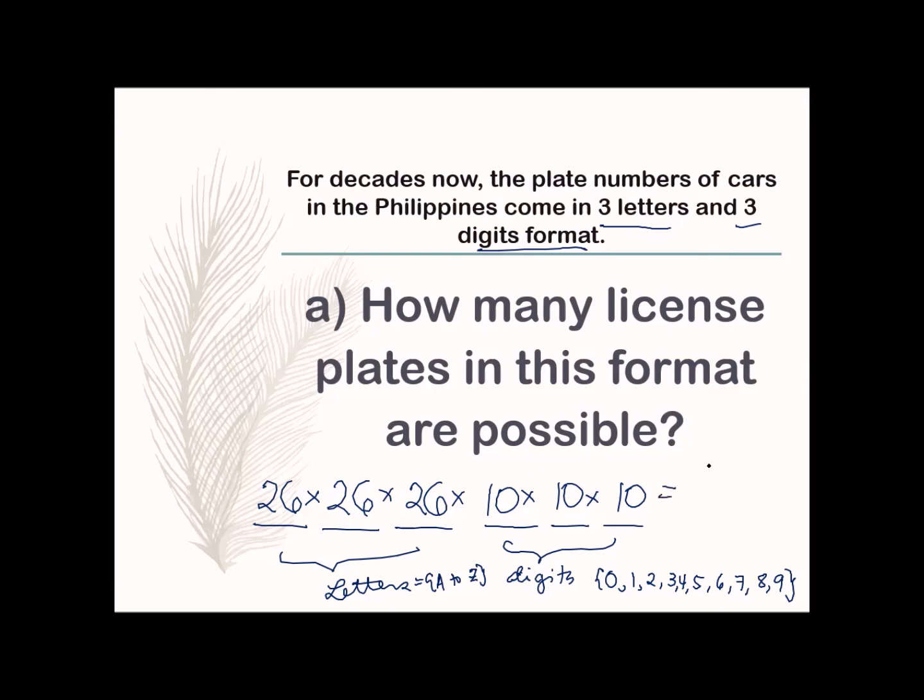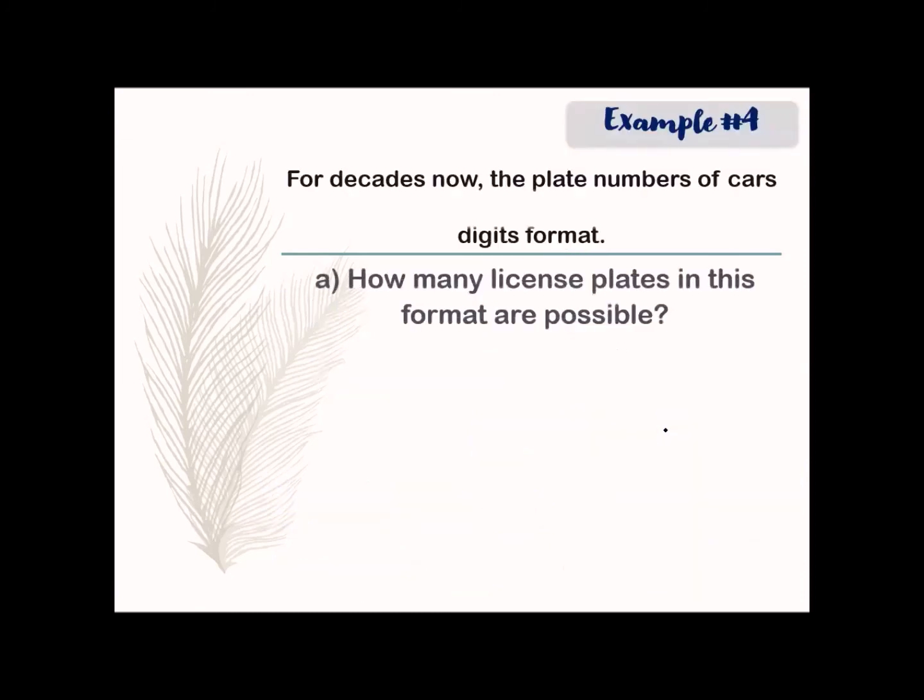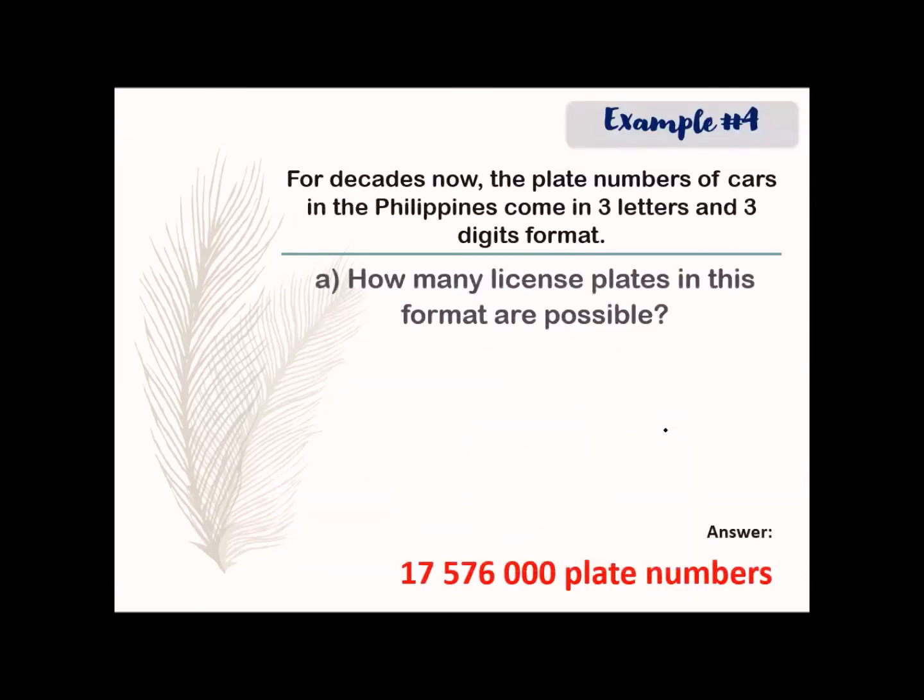We have here 17,576,000. So, napakadami. Imaginein mo ilang sasakyan na yan. Okay? So, that is our answer. So, there are a lot of plate numbers that could be made on that problem.